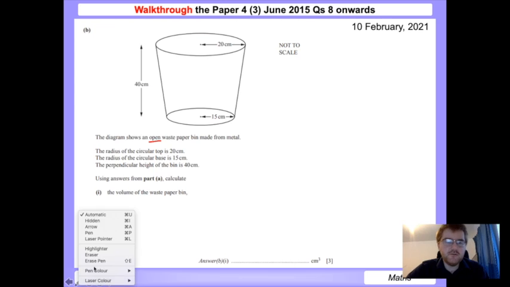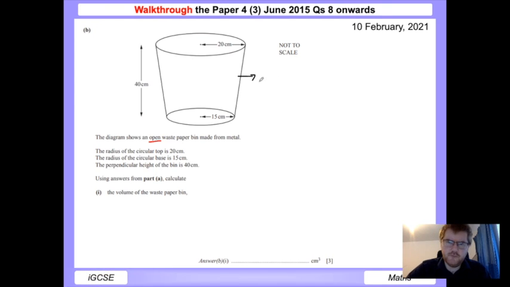Now this shape is called a frustum. Hopefully I'm pronouncing it right. Frustum. Frustrating to work out anyway. And the way you work out a frustum is to think, if I extend these lines, now I'm going to kind of go over the question here, but just to show the point, essentially you're going to make a cone, yeah, a very big cone.